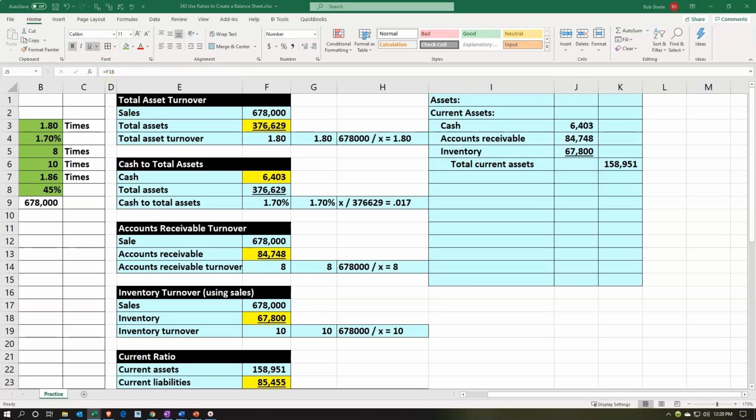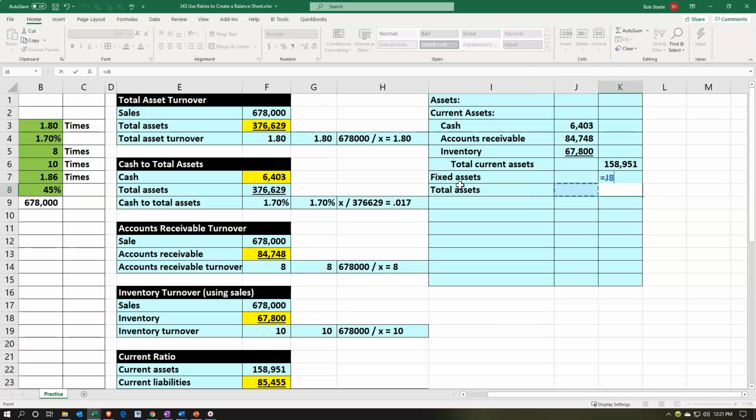Now typically we're going to have fixed assets under that, right? Property, plant, and equipment, depreciable assets we might call them. It doesn't look like we're seeing the depreciable assets, so I'm going to think about that as one line item. Then we have the total assets, which we do have.